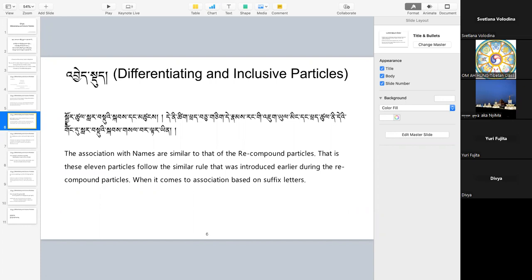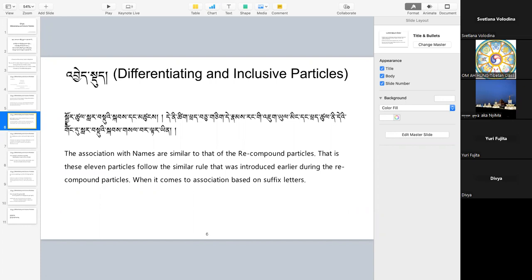So the first of the dependent particles. So therefore, we understand that when it comes to association based on suffix letter, this is how they're associated.